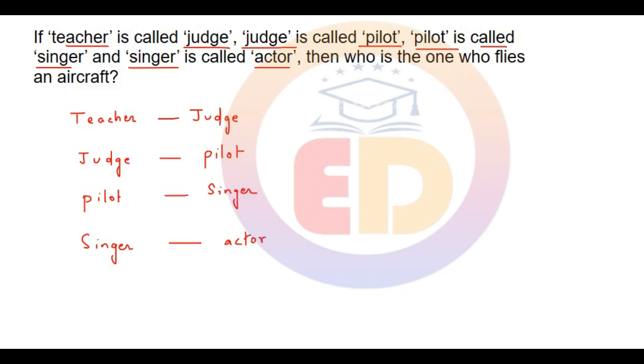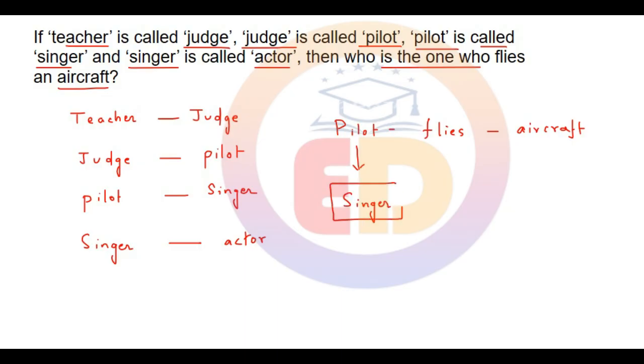They ask, who is the one who flies an aircraft? Now we know pilot is the person who flies an aircraft. But in the question, they have mentioned that the pilot is called a singer. So our answer here will be singer.